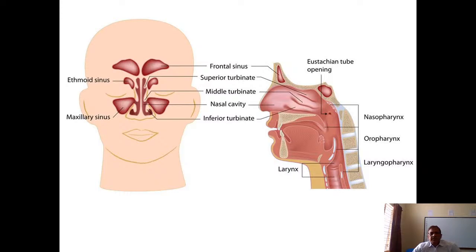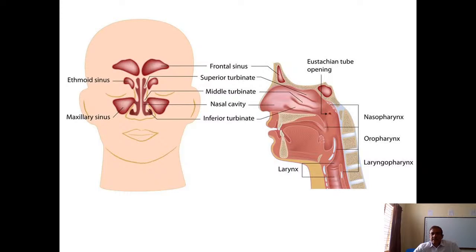The function of this is to produce mucus, and as the air is passing through, the small particulate matter gets adherent to the mucus, and there is a mechanism which is called mucociliary clearance.